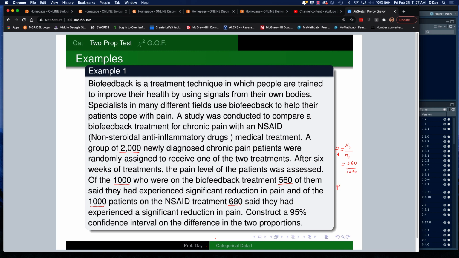And for the second group, the NSAID group, X2 over N2 in this case will be 680 over 1000. We're going to list these on the next page as well, so we'll pull those things over to help us out.